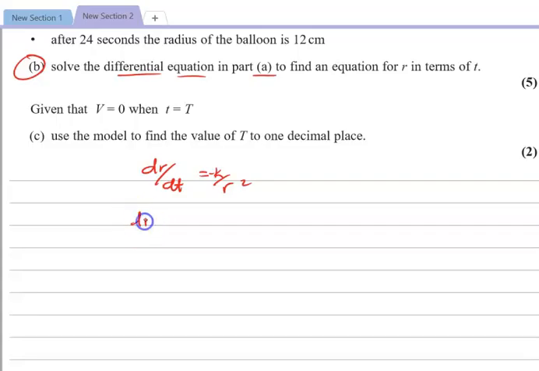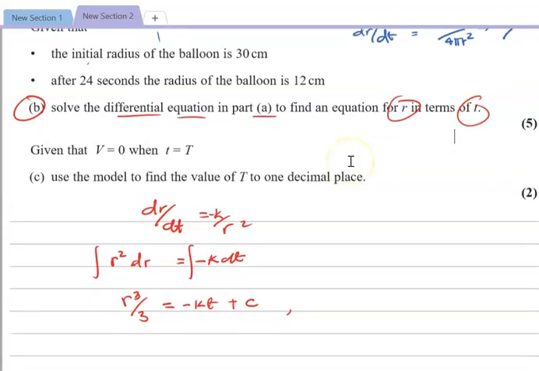So we have r squared dr is equal to negative k dt. Integrate this. So you have r cubed over 3 is equal to negative kt plus the constant of integration c. Now this is the general solution. But they ask us to find r in terms of what? r in terms of t.